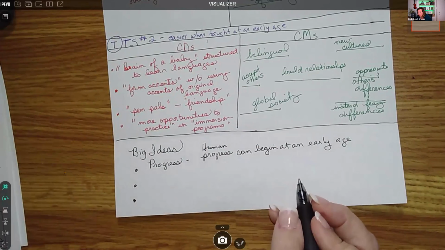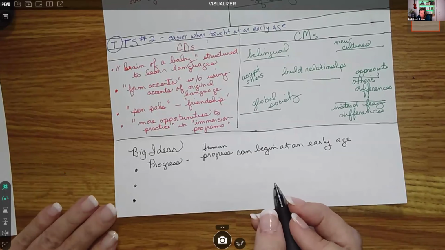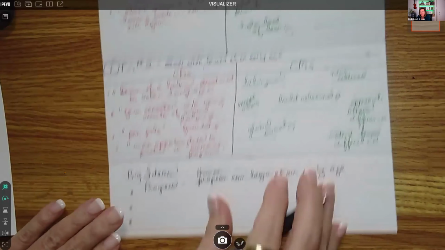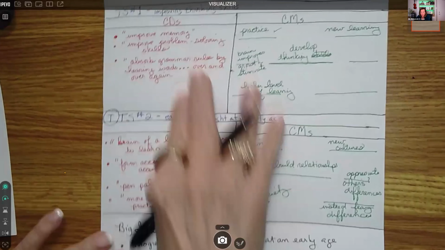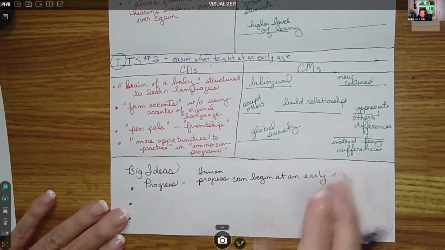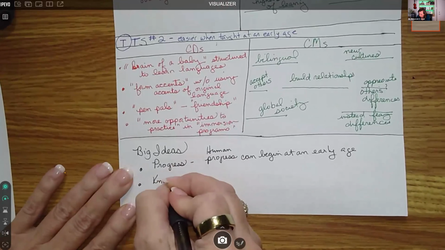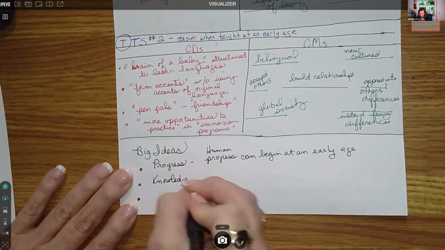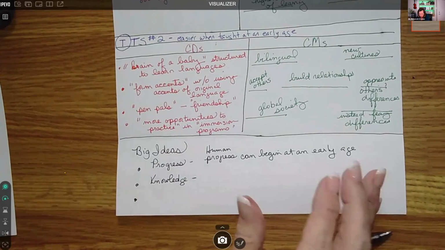The people progressing, right? What's another big idea about learning? This is all about learning a second language. Well, what about knowledge, Miss Lewis? See, I'm doing the same thing with my students that I'm doing with you. I'm talking through it.